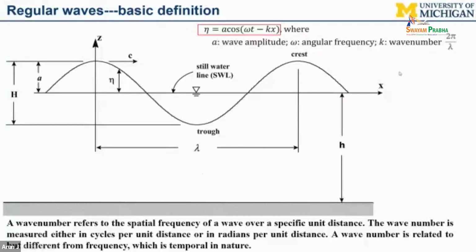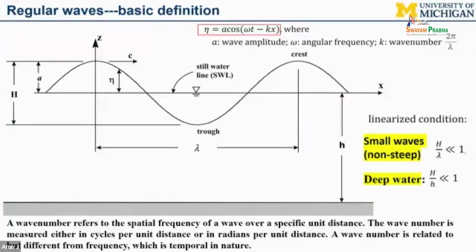This is the number of waves. The wave number is measured in cycles per unit distance or radians per unit distance. So in 1 meter, how many radians or how many cycles?